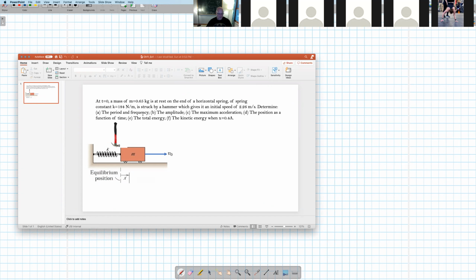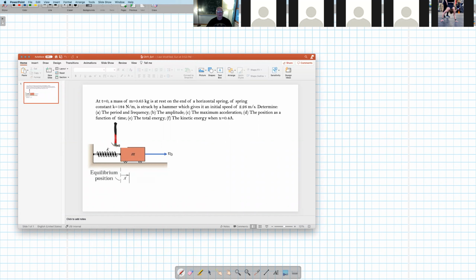At time t equals 0, I take this hammer and hit it, giving it an initial velocity of 2.26 meters per second. So let's say I hit it at its equilibrium position, and it is now going to move to the right with an initial velocity of 2.26 meters per second.